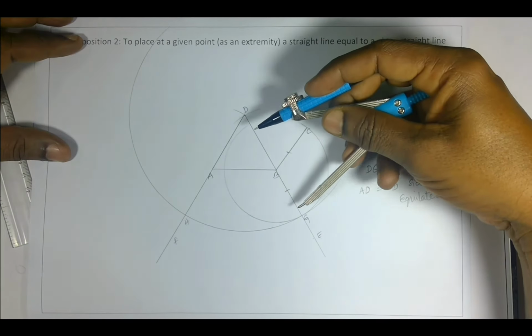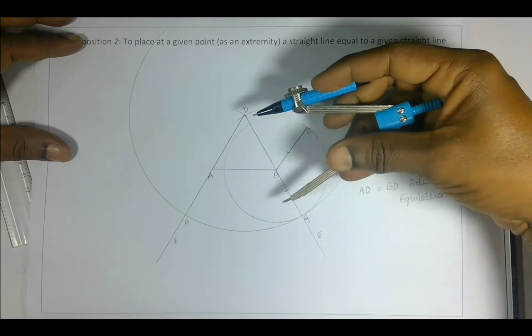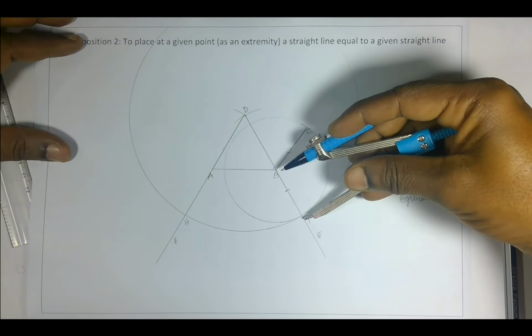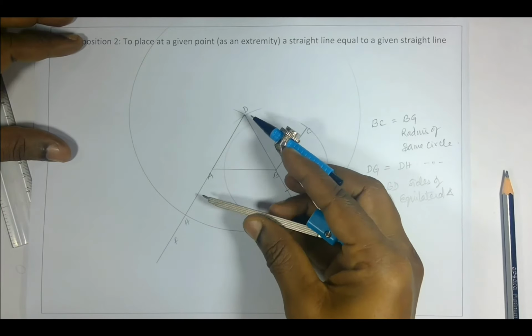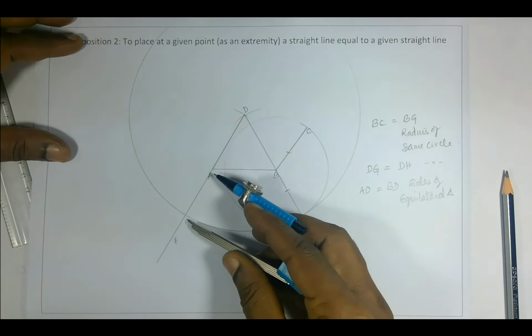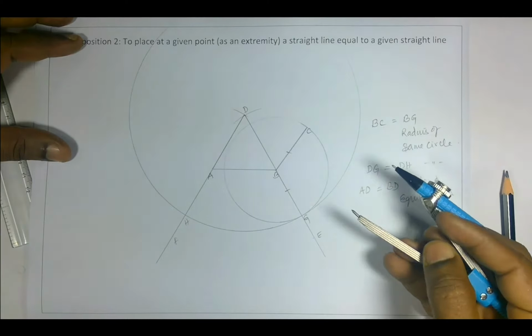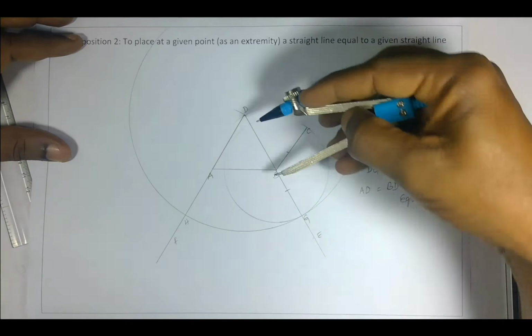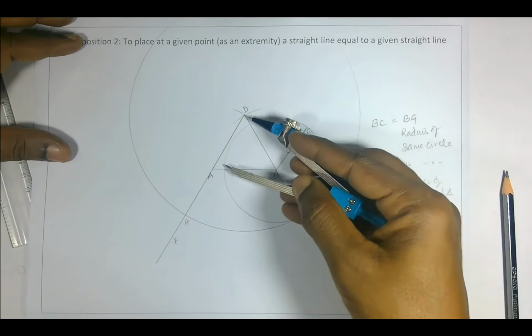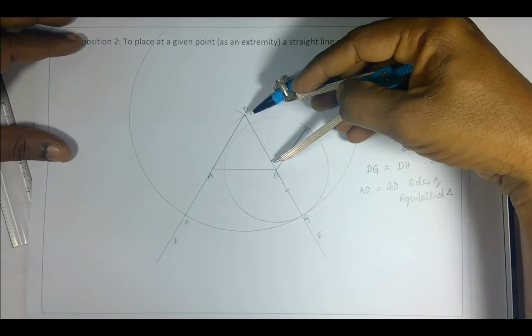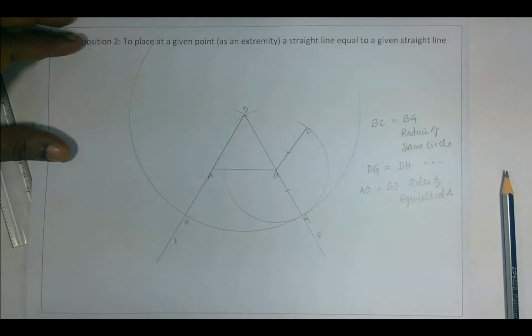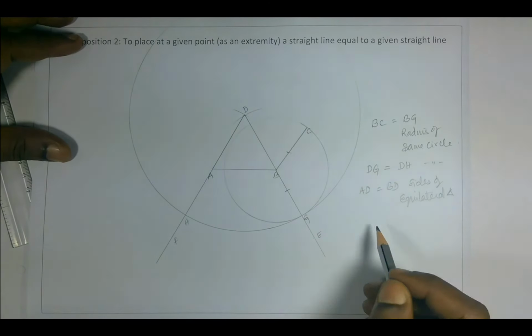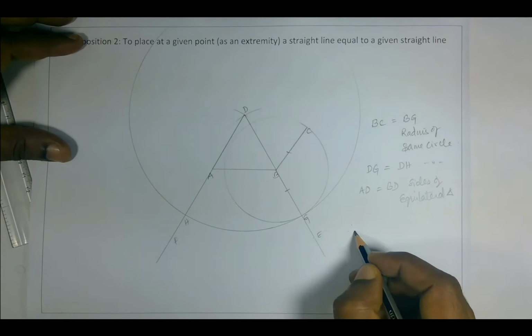Remember, BG is nothing but the sum of these two parts. Similarly, DH is nothing but the sum of these two parts. Now, if one of the parts is equal, then the other part also has to be equal for the wholes to be equal.